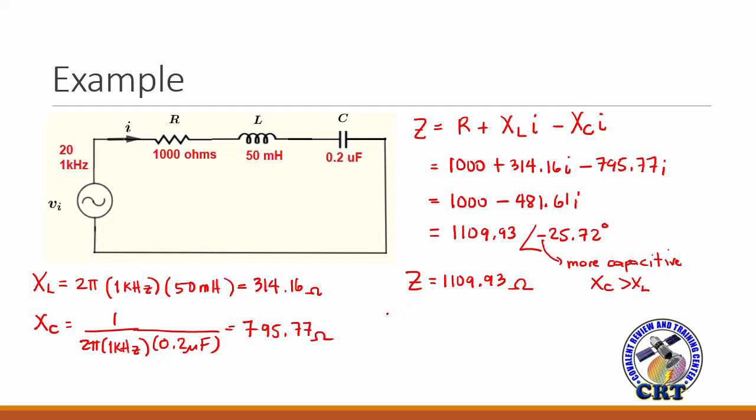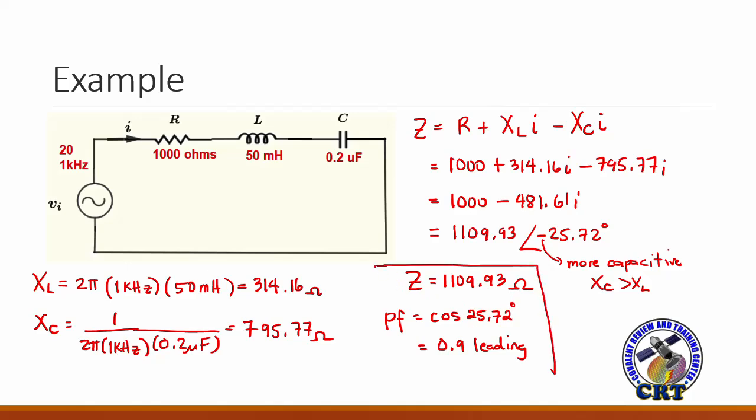Therefore, we can compute the power factor equals cosine 25.72, which is equivalent to 0.9, and since more capacitive, leading. Current is leading the voltage by 25.72 degrees. This is the calculation of impedance using complex number operation.